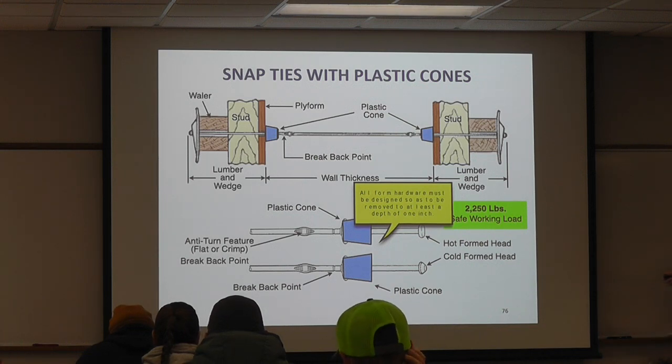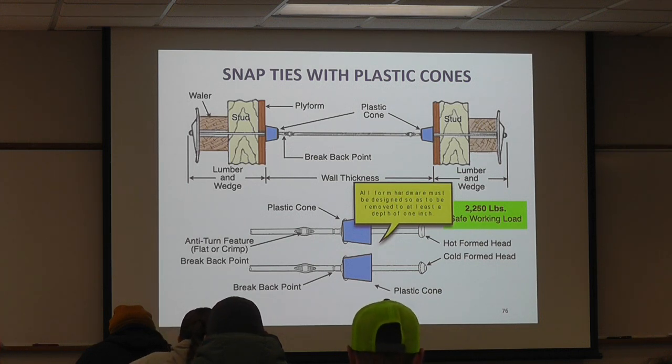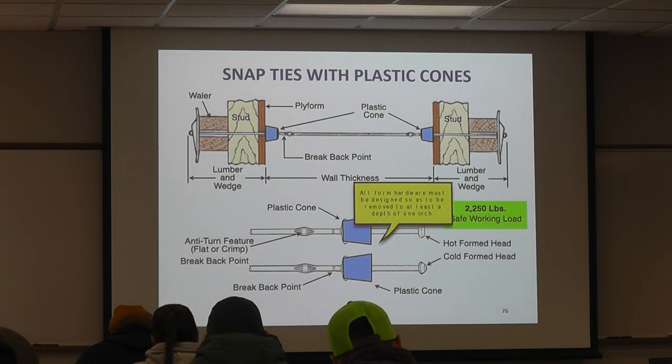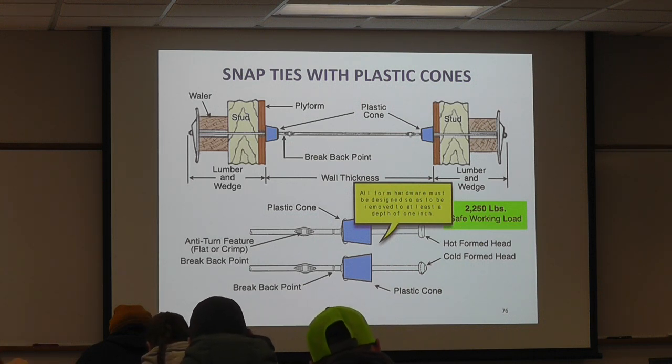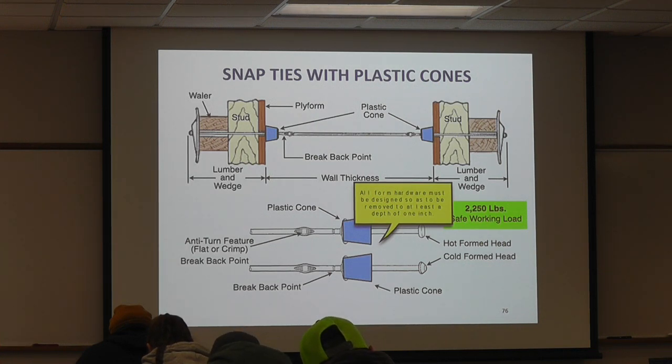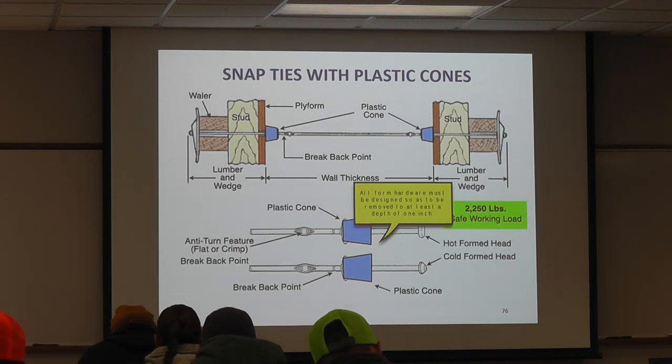So the specs require that, and it's 2401.3B1B, so it's on page 346 of your spec. Middle of the page, bottom of B1B. Says use a device removal to a depth of at least 1 inch from the concrete face without spalling or damaging the concrete. So this is the kind of product that typically gets used.